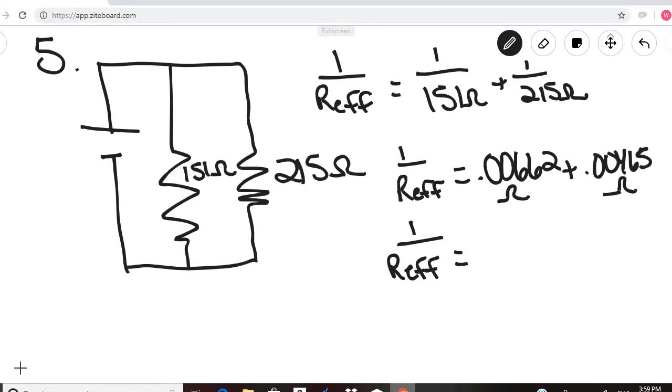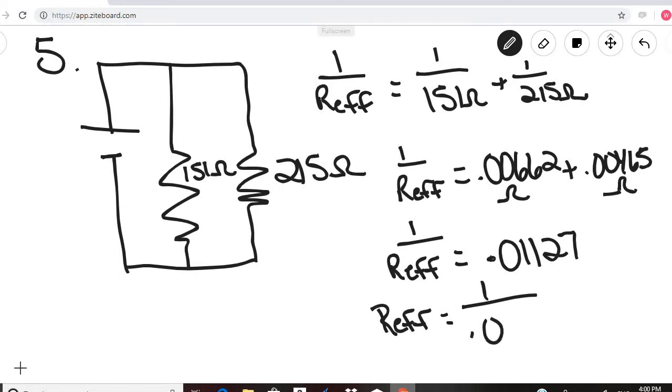If we add those two together, and this is taken out 5 places beyond the decimal place, so since we're adding and subtracting, we need to have that many there. So it would be 0.01127. So then to get R effective, it's going to be equal to 1 divided by 0.01127, and this is all in ohms.